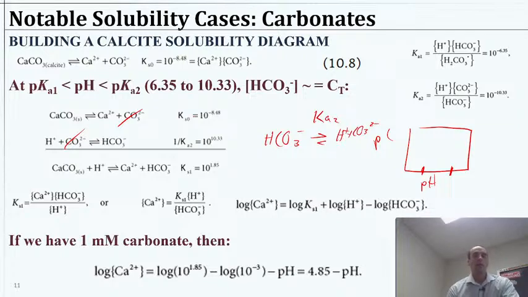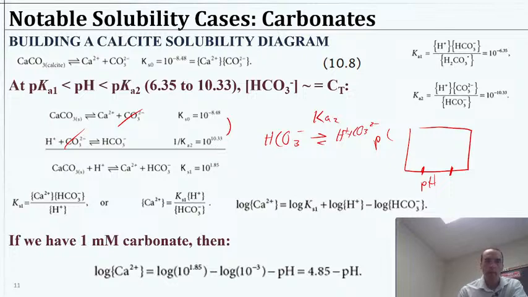Okay, and that means we can multiply then the 1 over Ka2 times the solubility product. When we add those two equations together, we multiply the constants together, right? So then rewriting all of that, we have the calcite plus H plus in equilibrium with calcium plus the bicarbonate. And this new K value here, I think this is K solubility 1, Ks1.